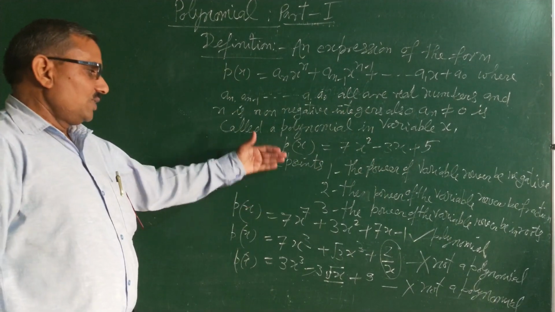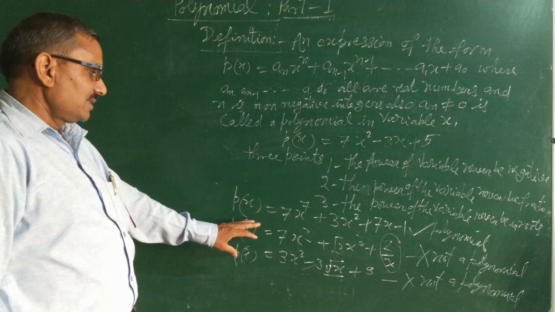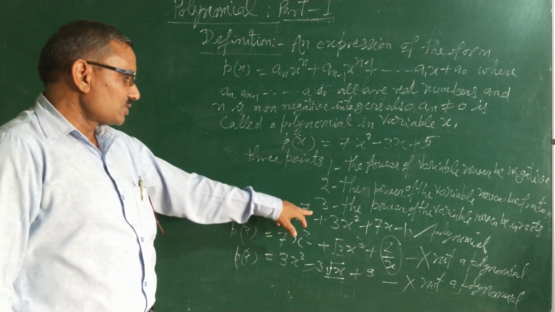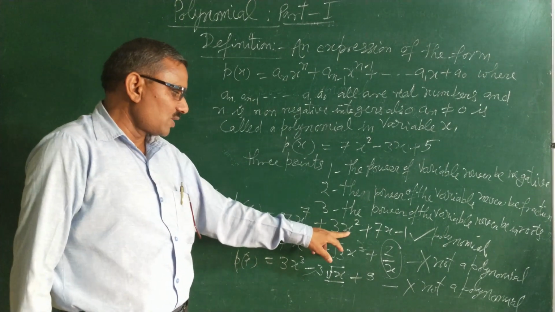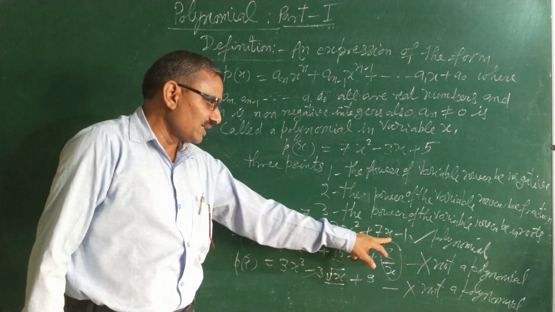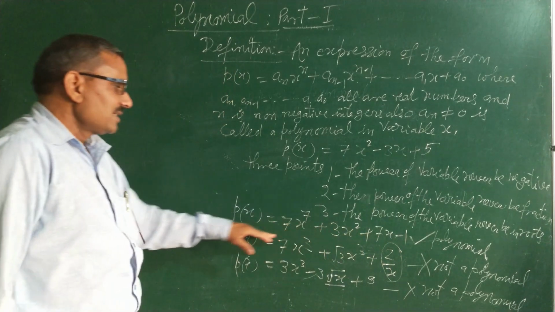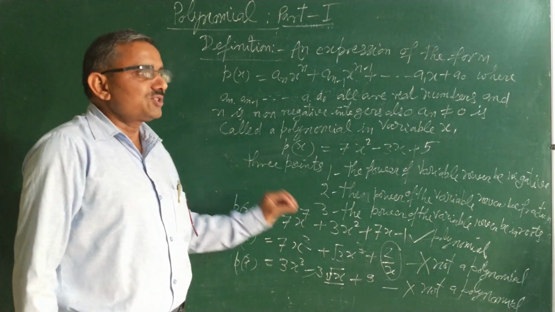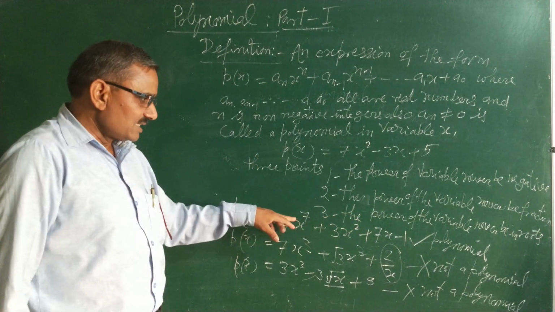In this way, we can observe that if the expression is of this form, p(x) is equal to 7x power 7 plus 3x square plus 7x minus 1, the power of the variable is a positive integer, so it is a polynomial.